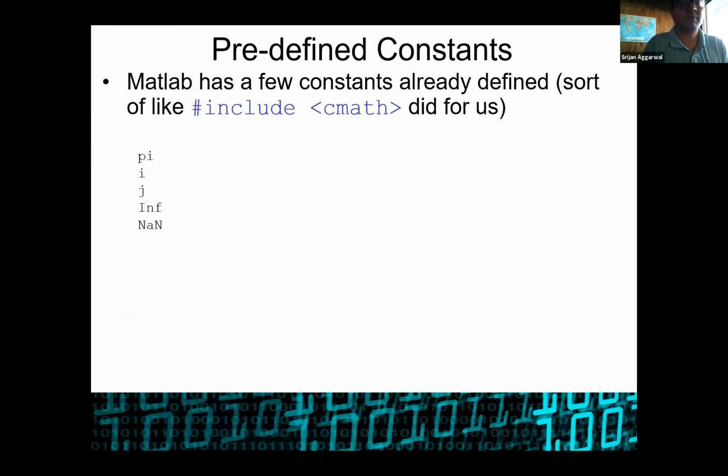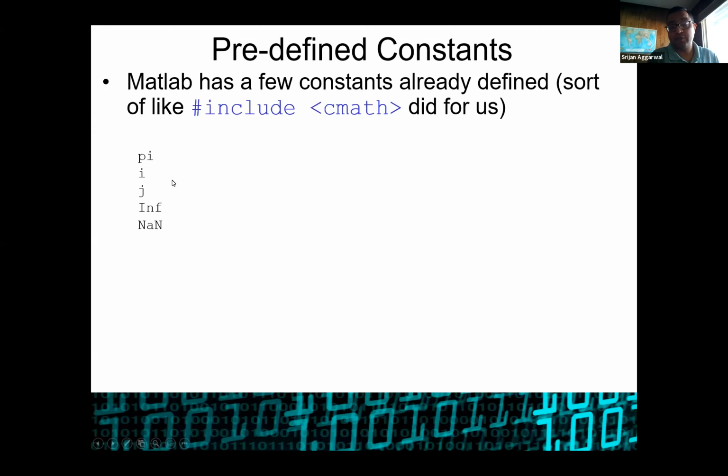Predefined constants. Matlab has a few constants already defined, sort of like we use #include cmath did for us in C++. However, here we don't need to include anything. Everything is already included. So we will have all those available to us as we start Matlab anytime. So this is pi.